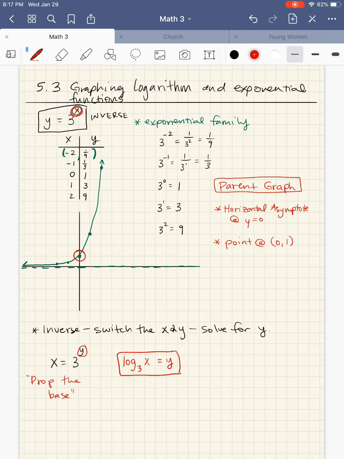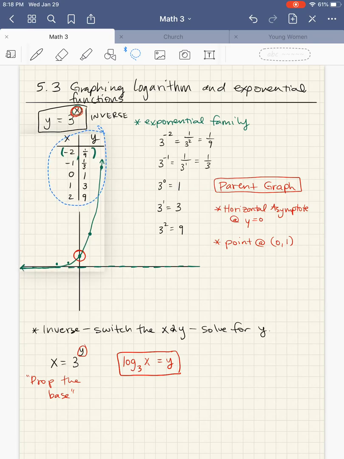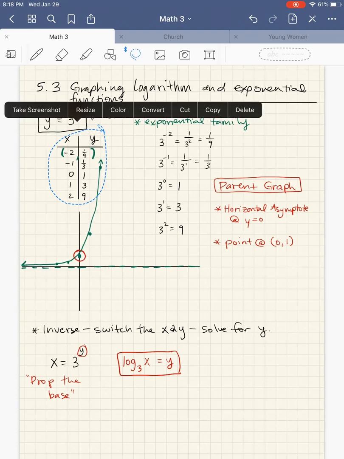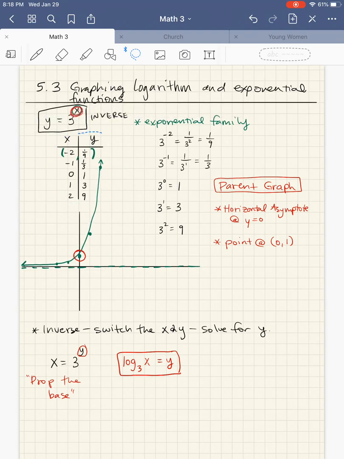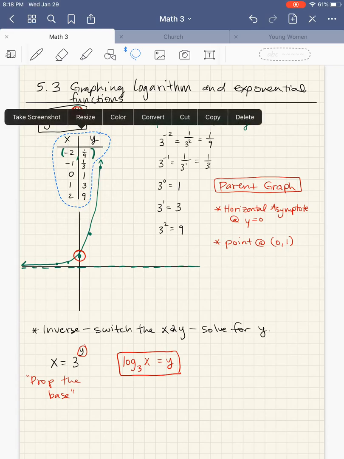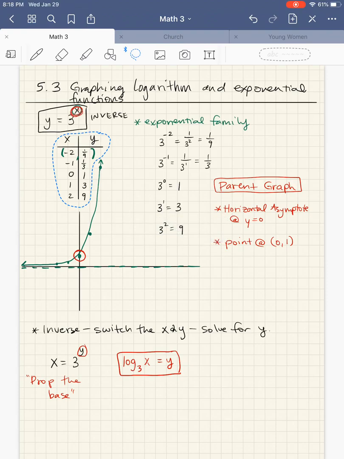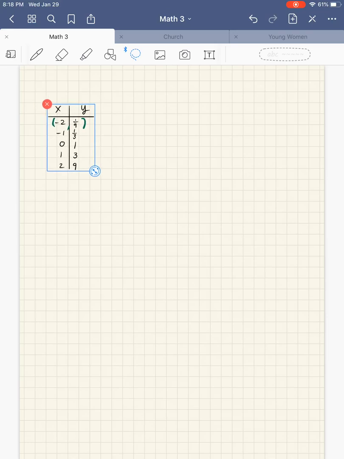Let's see if there's any key features of the logarithm graph. Well, if we're going to try to graph the inverse, remember we could grab this table. Let's copy that and see if we can find the table for our inverse graph.